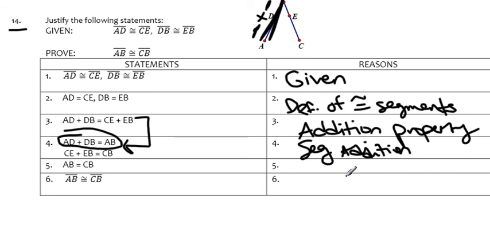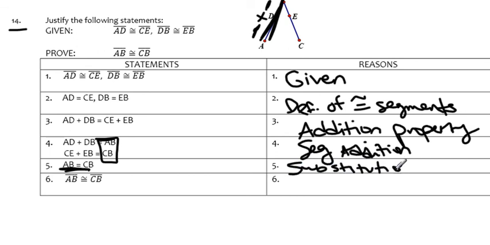And what always follows segment addition, same thing that always follows angle addition, is going to be substitution, and that's when you take 2 terms from the previous and combine them to be equal to each other. That's your substitution property, and it will always follow segment addition.